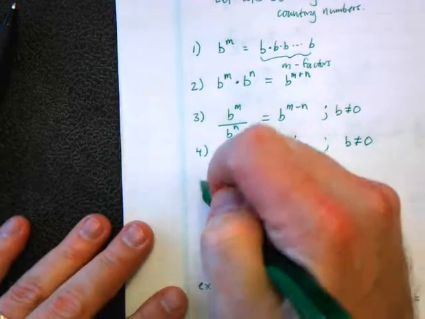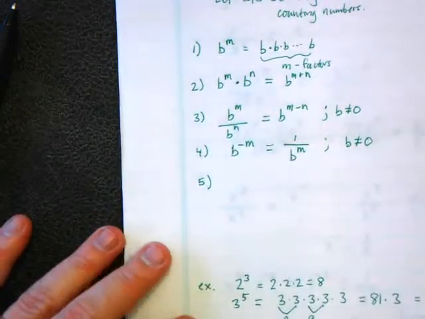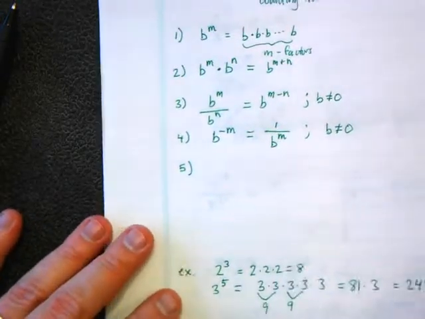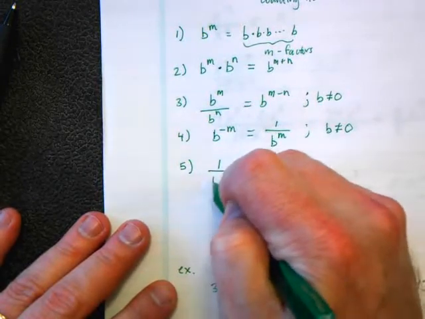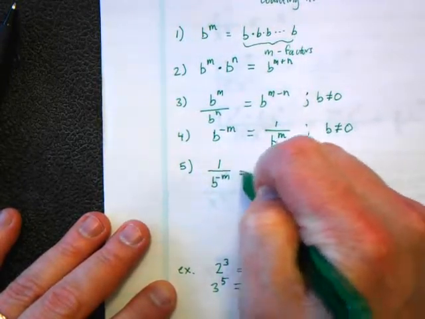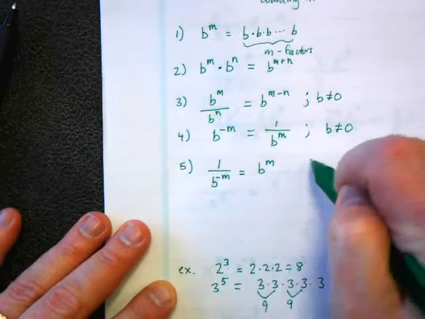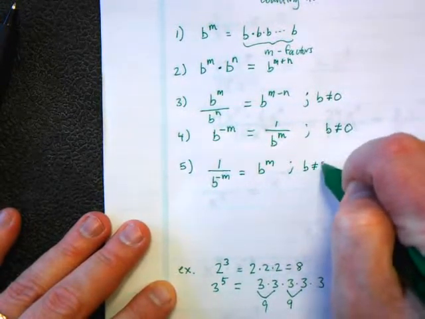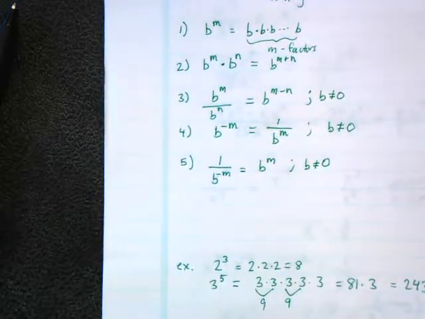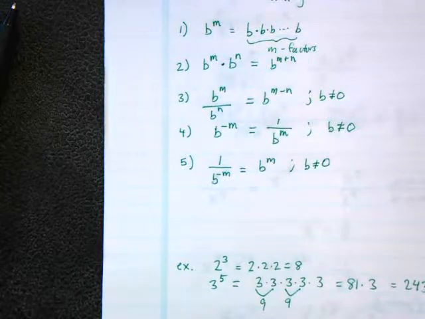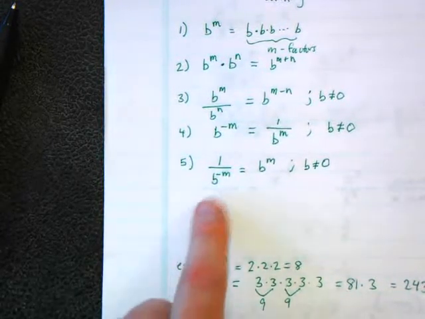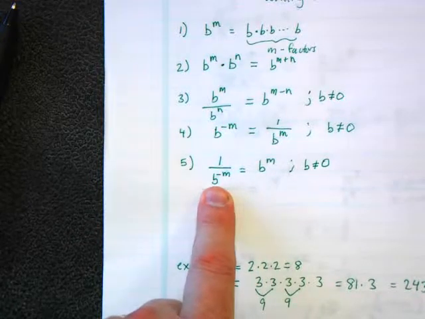That's rule number 5. Rule number 5 says if you have a negative exponent and it's already on the bottom, it simply comes to the top. And once again, we have to have the rule b can't be 0. B can't be 0 because, again, I would have 0 on bottom over here, and that would be a problem.